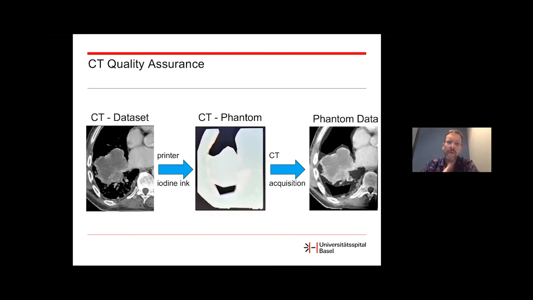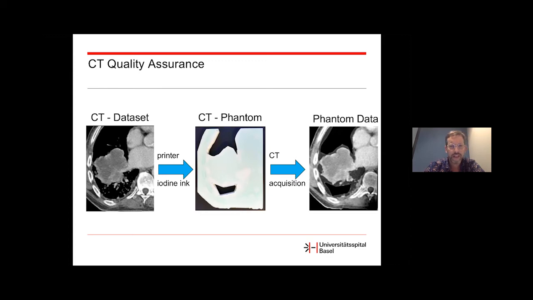So where are we in this project? To be able to reasonably assess the quality of a CT dataset, for a long time people have developed so-called phantoms. Phantoms are measurable objects whose geometry we know exactly, and we know what is in there, what the density is, and so on.